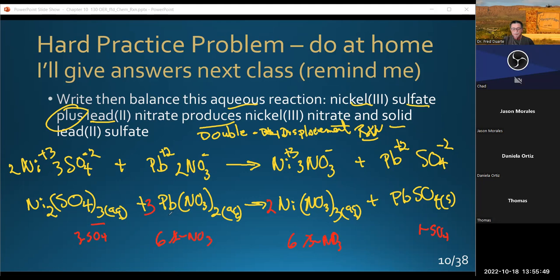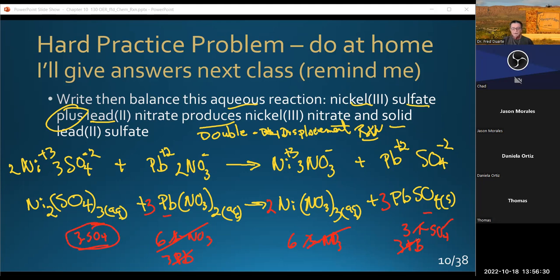Now, in doing so, my leads kicked up. I got 3 leads here. All right, no big deal. Let's put a 3 in front of lead sulfate. So now I got 3 leads and 3 leads. So the leads are good. The nitrates are good. And by putting a 3 in front of lead sulfate, I now got 3 sulfates, which balances out the sulfates I began with.